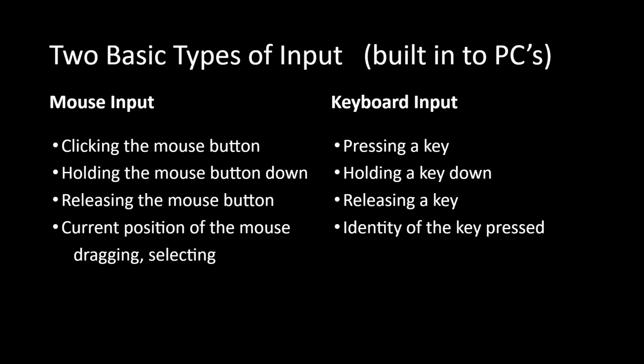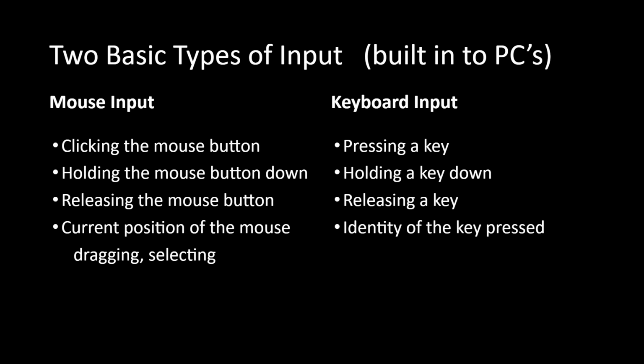So the mouse. What can happen with a mouse? You can click the mouse button. You can hold the mouse button down. You can release the mouse button. Or, more interestingly, in most cases, get the current position of the mouse and also whether or not you're doing things like dragging or selecting, so higher-level interactions with the mouse as well. That's another class of things. There are basic things like just a click or a move, but then also more sophisticated things like a drag or a select.